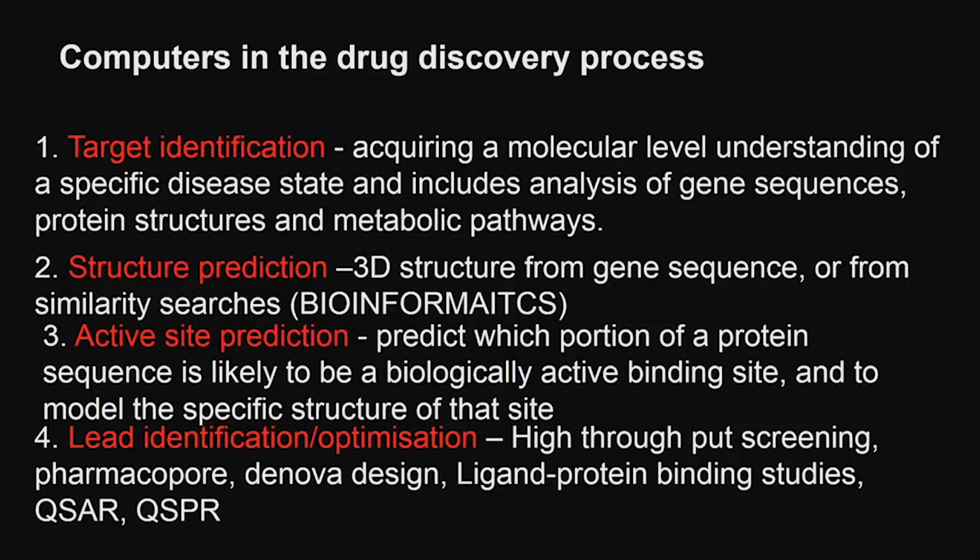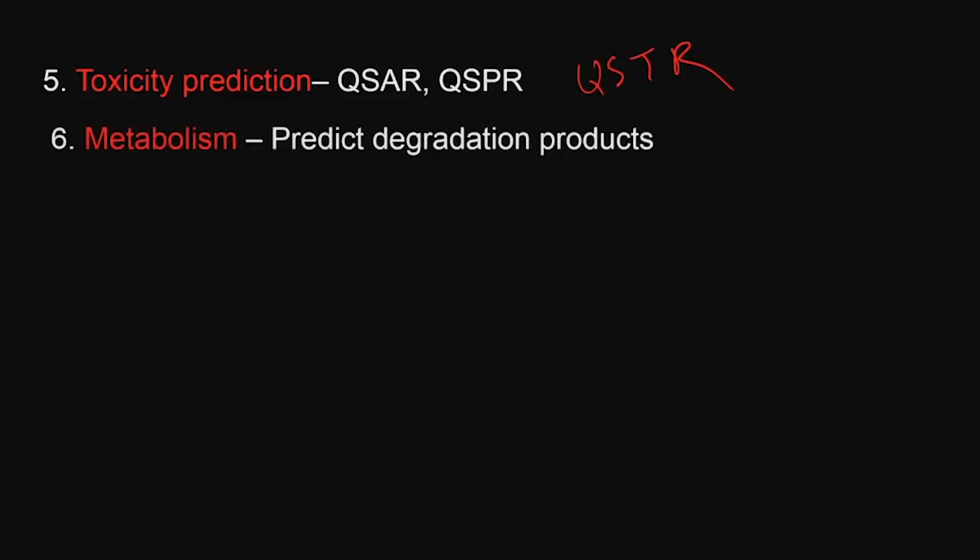So, we can identify targets, we can predict the 3-dimensional structure of the target protein, and we can predict the active site into which my leads will go and bind. Then I can use computational tools for lead identification and lead optimization, for toxicity predictions, and for metabolism.